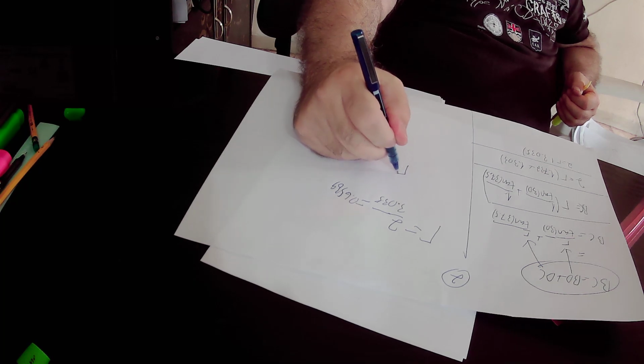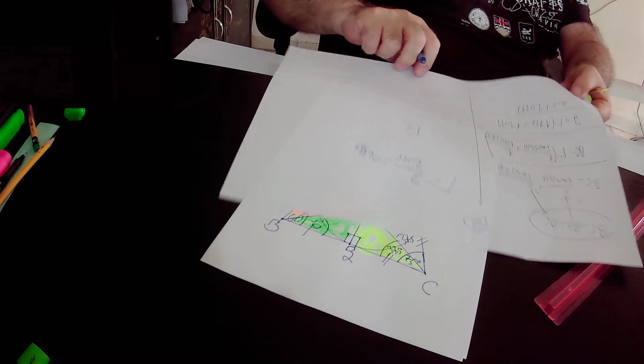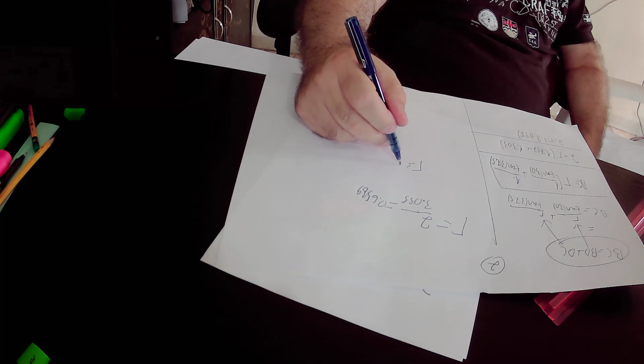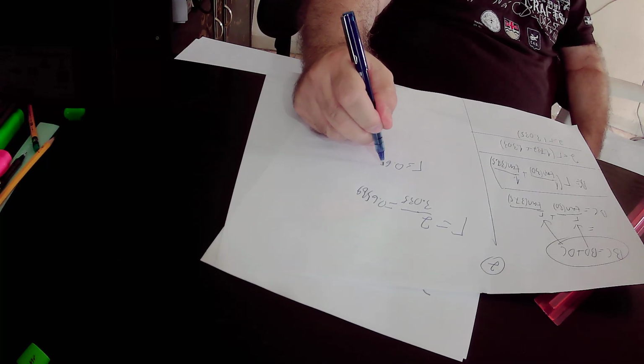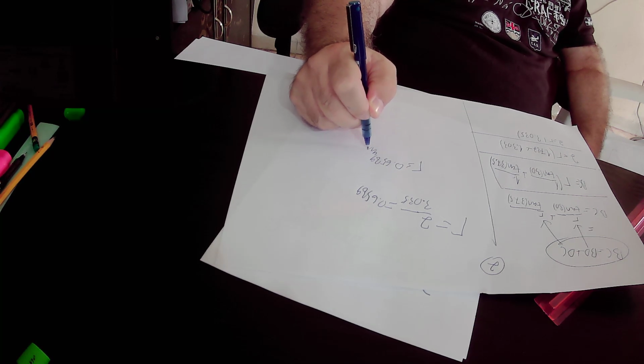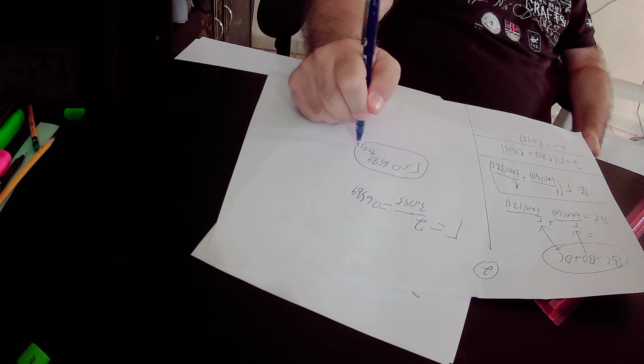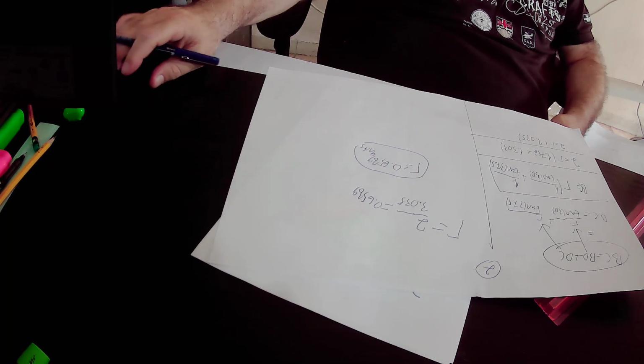So the radius of this circle that is described by triangle ABC equals 0.6589 units. Okay, so actually we finished with the first question.